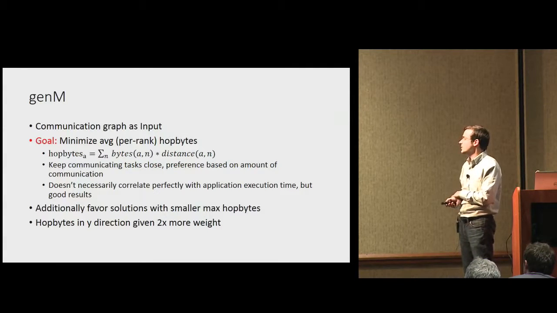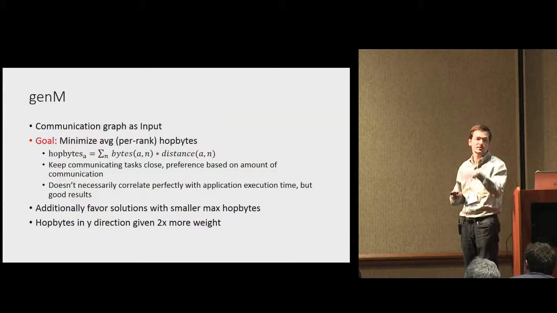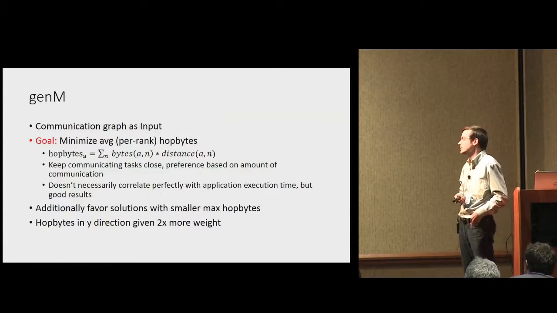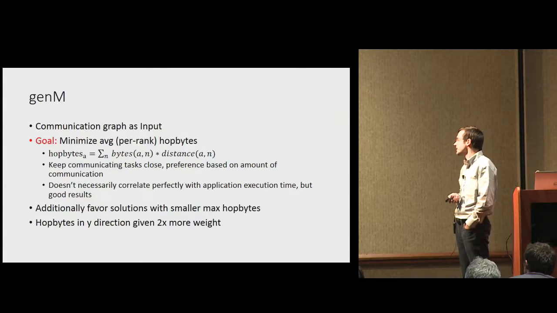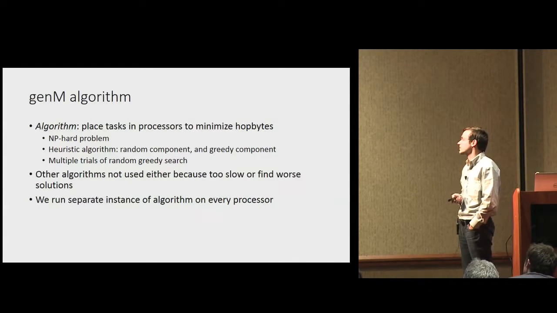And we also give more weight to the hop bytes in the Y direction, because I don't know if you're aware, the Y links in Blue Waters have less bandwidth than the other links. So we take all these things into account, and we implement an algorithm. The problem of minimizing this is NP hard, so we have a heuristic algorithm.